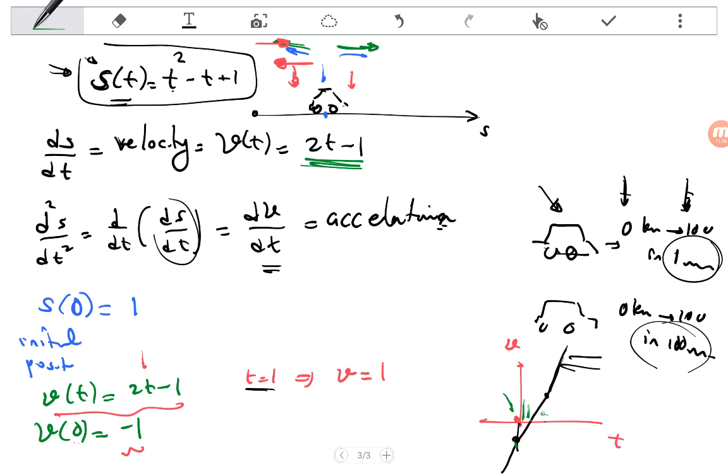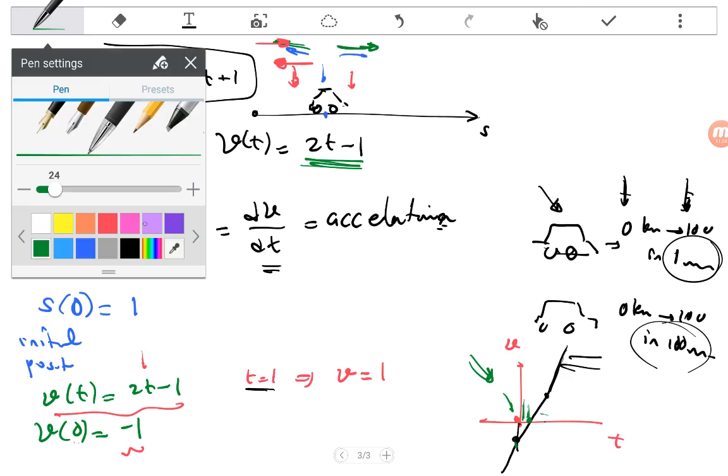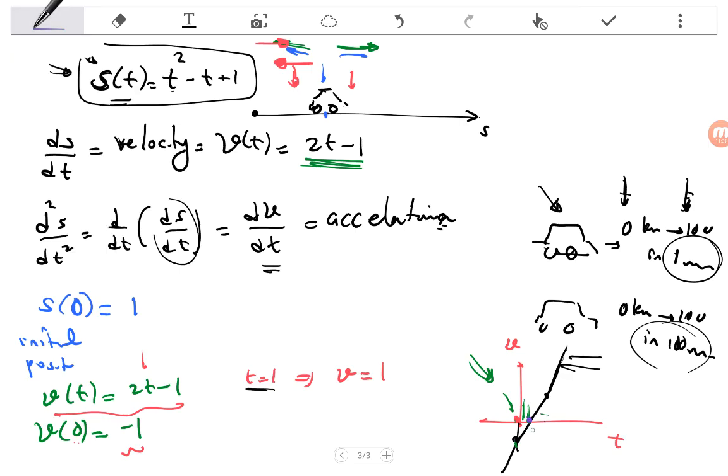When did this instant happen? It is obvious from the graph. There is some critical point at which the velocity changes from negative to positive. What is the separating point between the two cases? At this point, when the velocity is equal to 0.